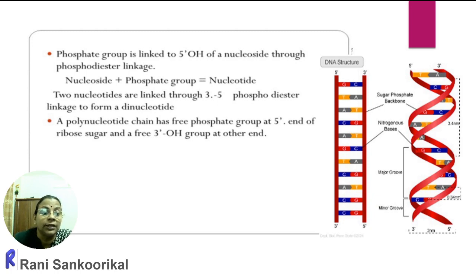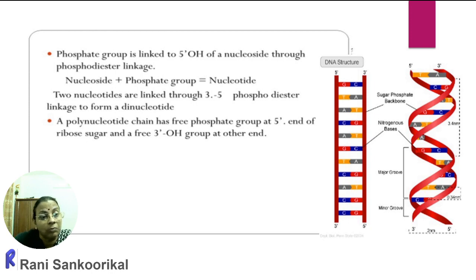They are anti-parallel as well as complementary to each other. In one strand the direction of the phosphodiester bond is 5',3', while in the other strand it is 3',5'. That is the meaning of anti-parallel.